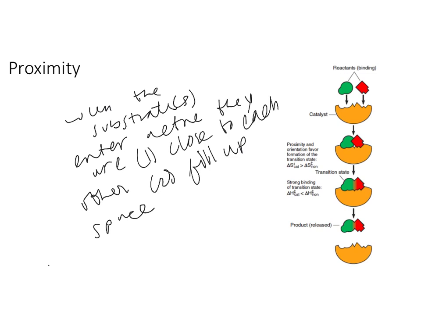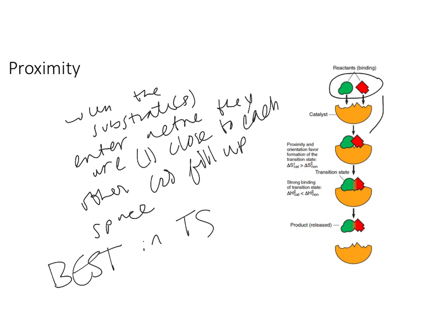Okay, and again, orientation is best in the transition state. So here you have the 2 substrates. When they bind with the right orientation, they should also be in close proximity, so they should be near each other. And then here in the transition state where the bonds are starting to be broken and starting to be made, you have the strongest binding and the best proximity and the best orientation.